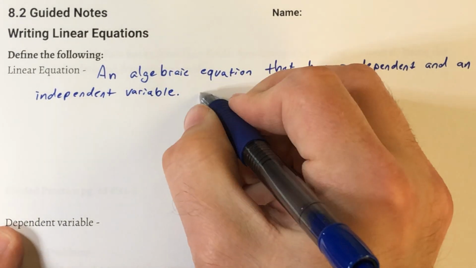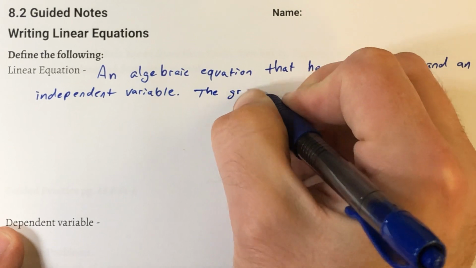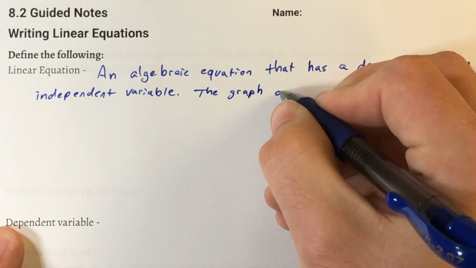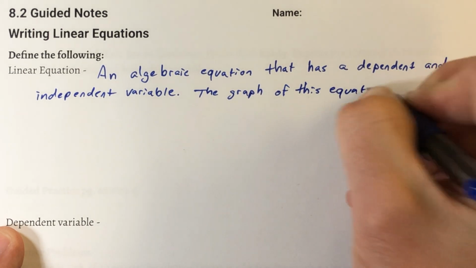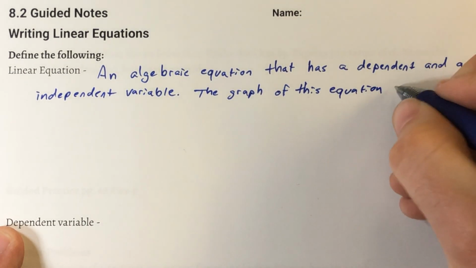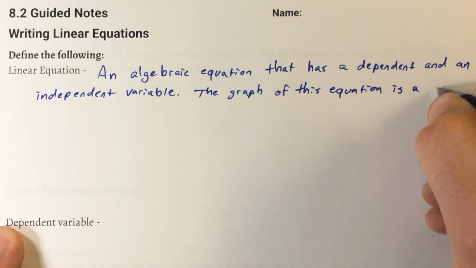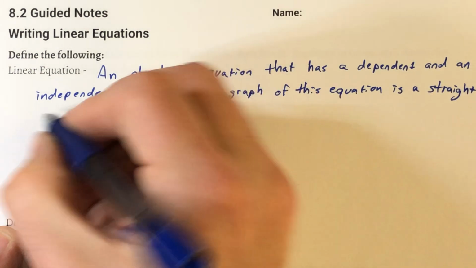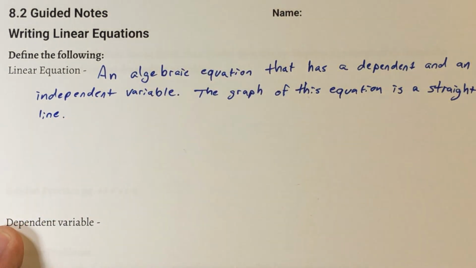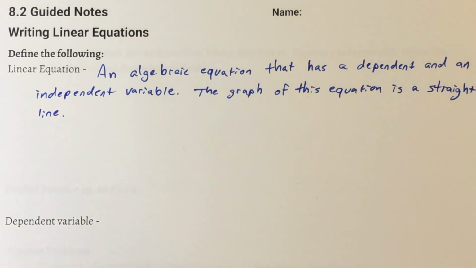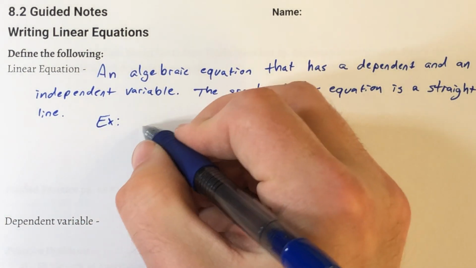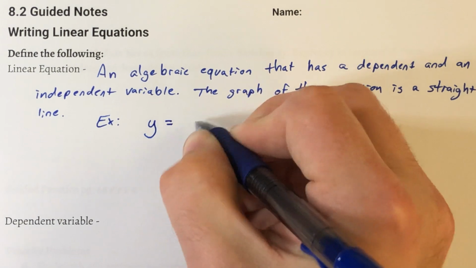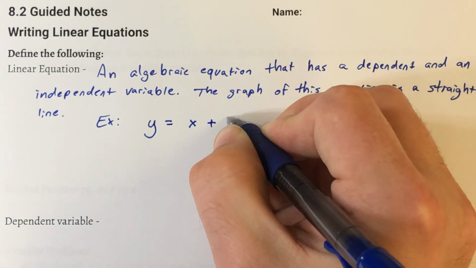The graph of this equation is a straight line. So, an example of a linear equation would be y equals x plus 10.